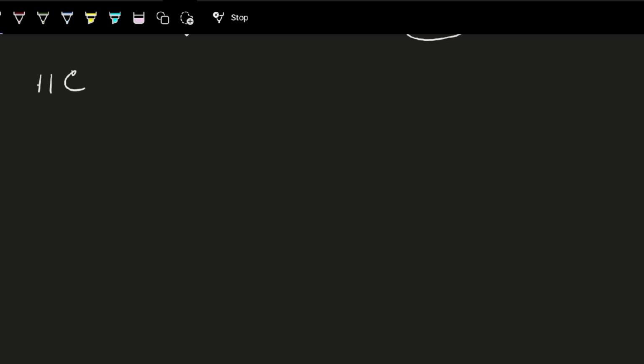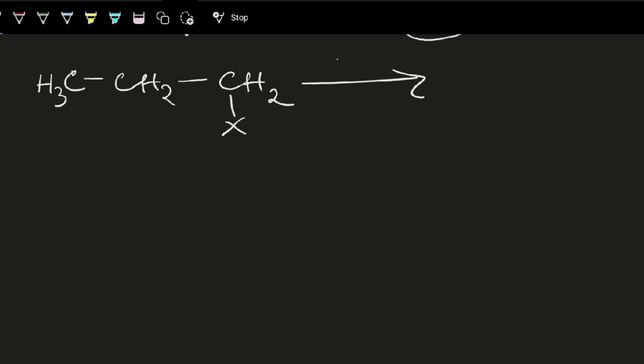Citing an example of it, just like the one we had seen, say 3 carbon atoms I am taking, CH3, CH2 and a CH2X, in presence of a base, and I am writing it as OH minus. This OH minus is acting as a base. Now I am just erasing one hydrogen, because I want to introduce the hydrogen over here.